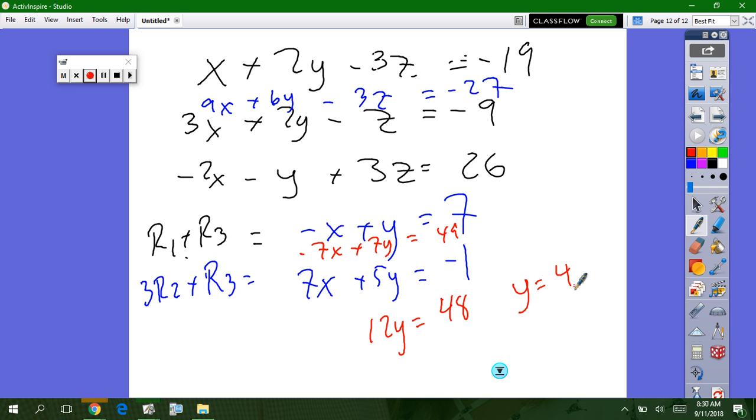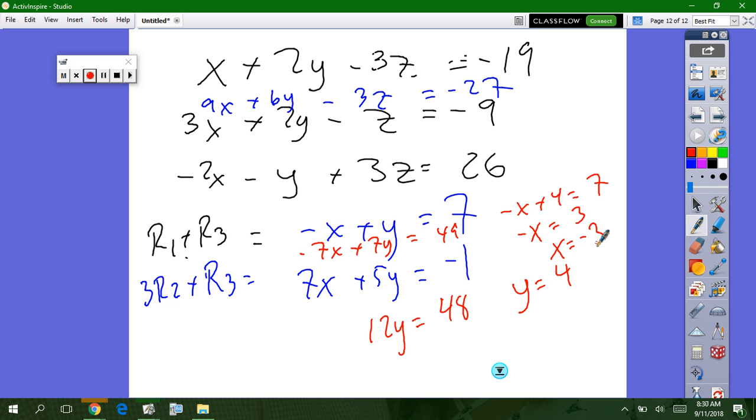Okay. Then I plug it back into, as Brittany said, probably one of these two, right? So I can get the x value. I'm probably going to plug it into this one. So I have -x plus 4 equals 7. -x equals 3, so x is -3. Then what? Plug it back into one on the top. So I'm looking for where z's kind of nice.